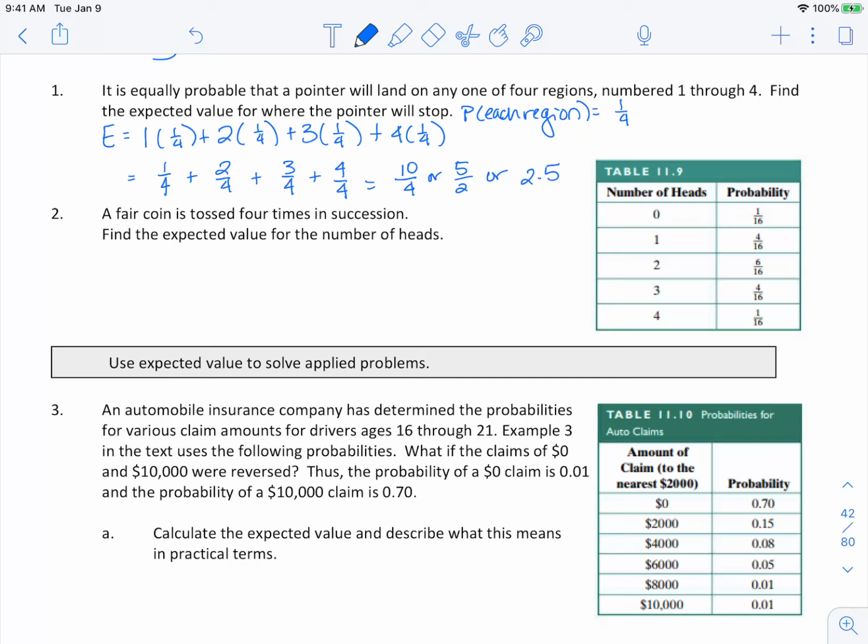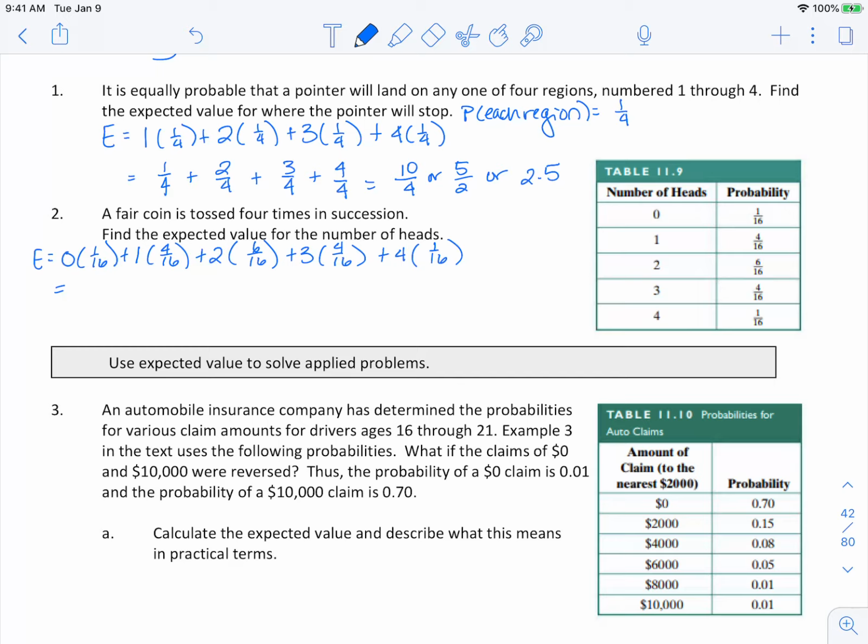Okay, so our expected value, we have 0 times 1/16 plus 1 times 4/16 plus 2 times 6/16 plus 3 times 4/16 plus 4 times 1/16.